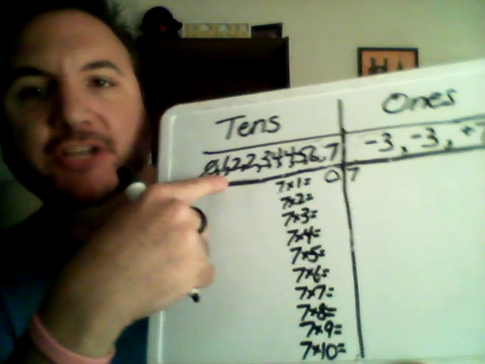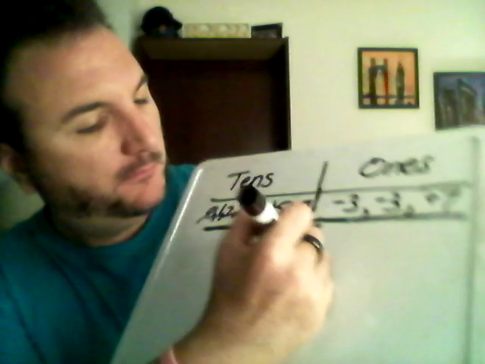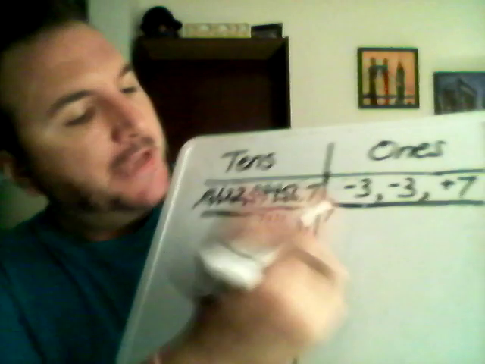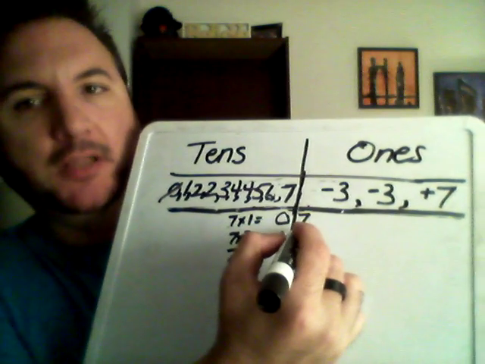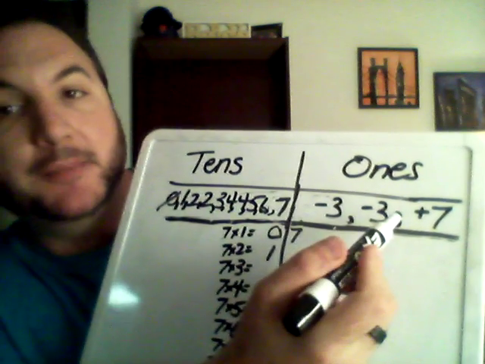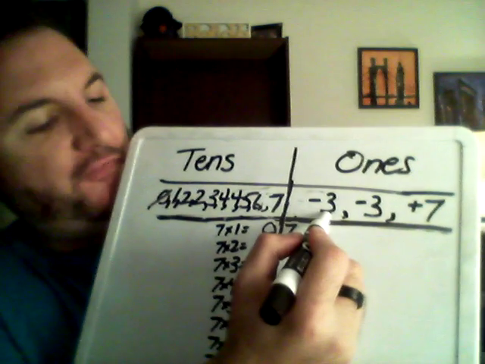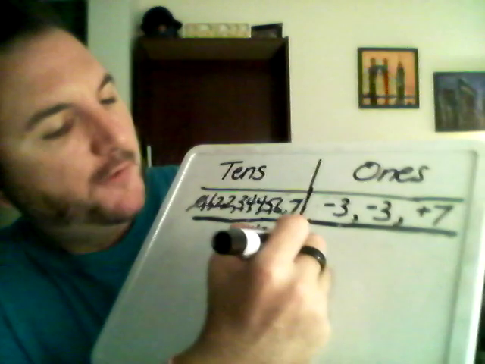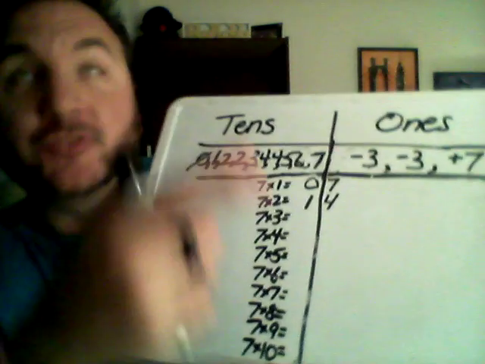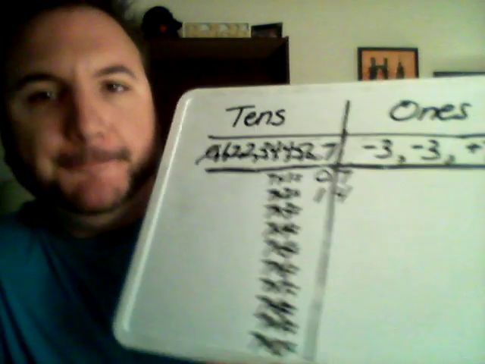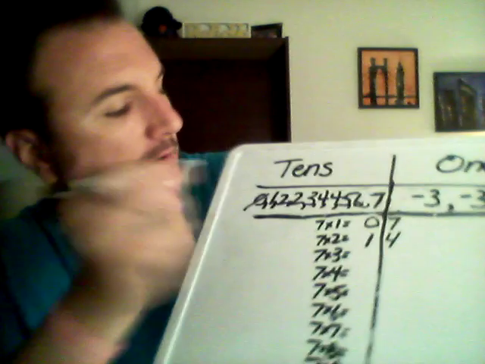What's the next tens digit? 1. Now take this 7 in the ones column. Subtract 3 from it. What's 7 minus 3? 4. In other words, 7 times 2 is 14. Goodbye to the 1.